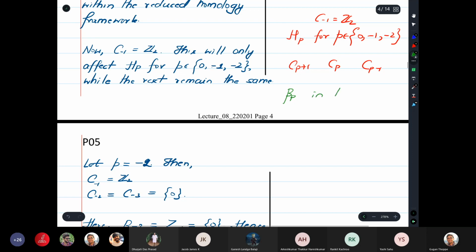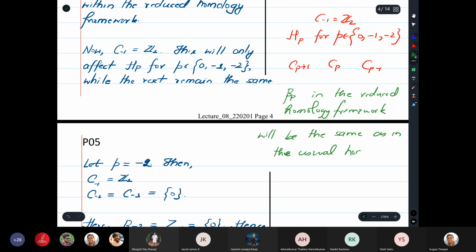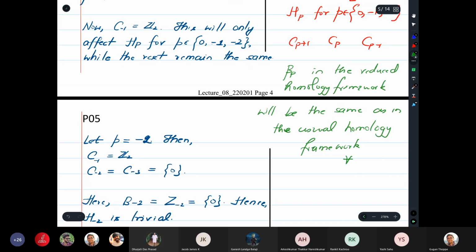Beta P in the reduced homology framework will be the same as in the usual homology framework for P which does not belong to 0, -1 and -2.